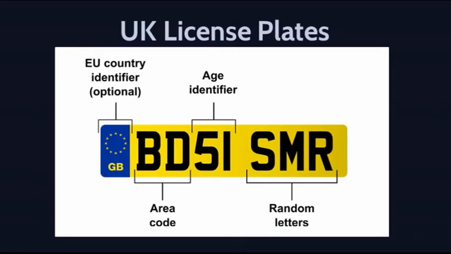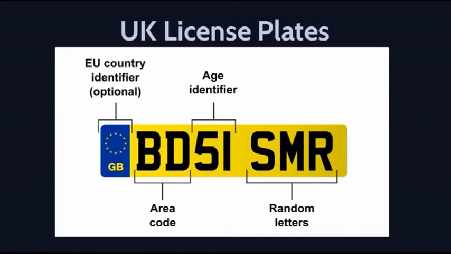As I mentioned at the beginning of the lesson, UK license plates are a really good way to practice listening for individual letters and individual numbers. And actually, UK license plates follow a certain pattern. Okay, we start with the EU country identifier. Okay, like in this case, GB. That is optional. Okay, that's for Great Britain. Then BD is an area code.